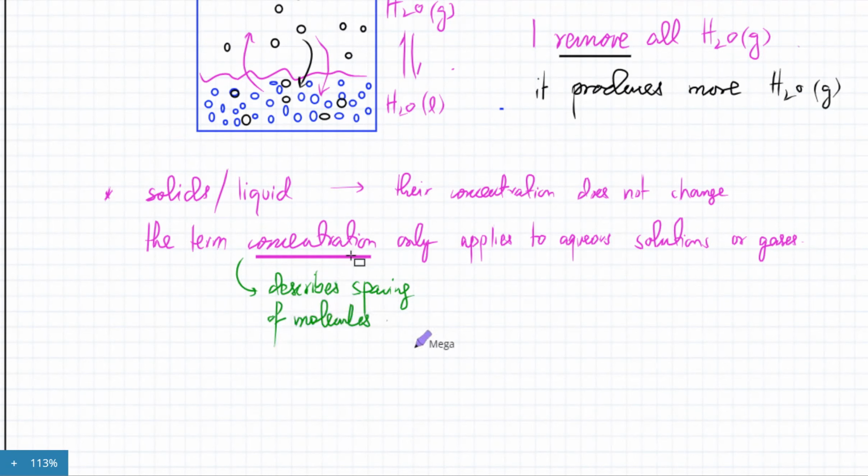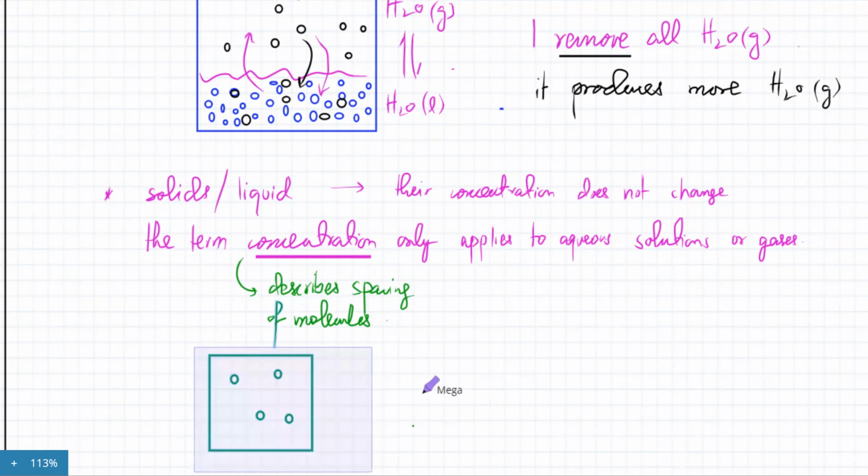Now that spacing can change in gases, because in gases the particles are all flying around. So that's like one container that has gas molecules, and here's another container that has gas molecules.